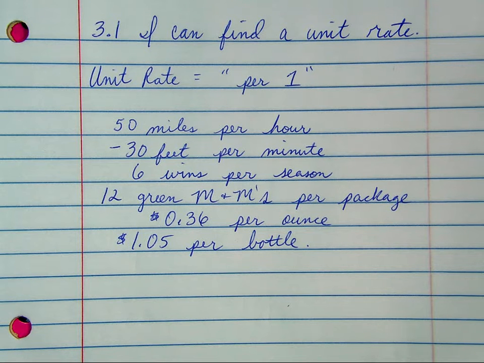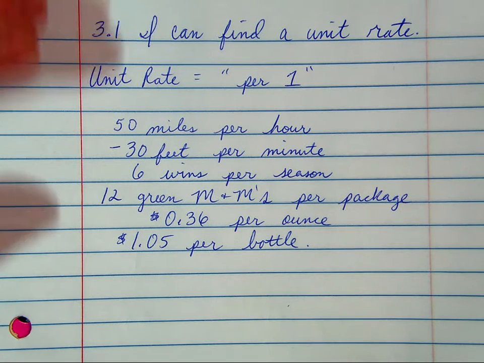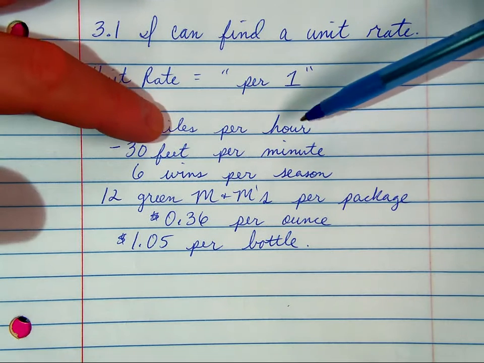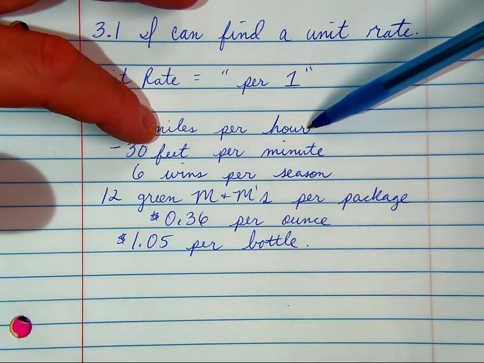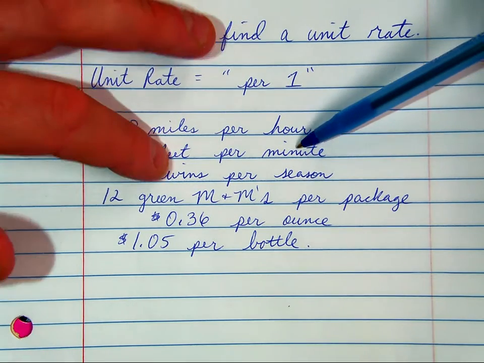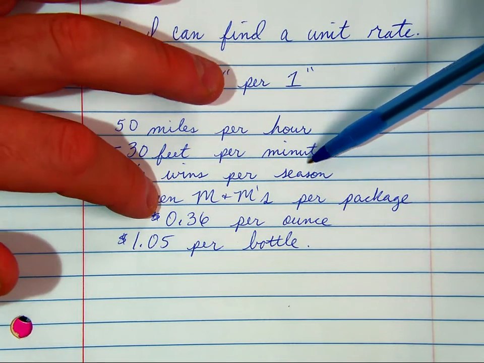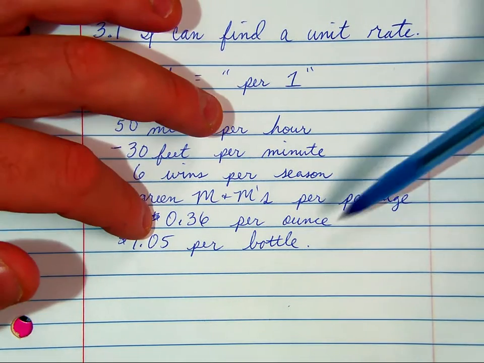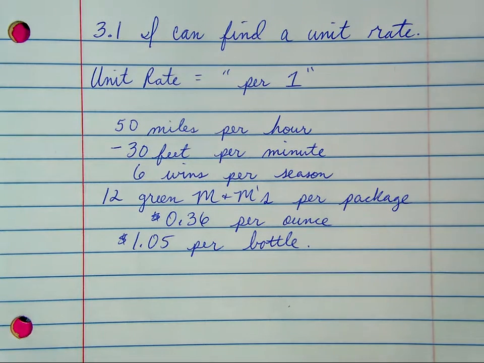These are all considered unit rates. And the reason why they're considered unit rates, well, they have units here. We have miles and hours, feet and minutes, wins and seasons, green M&Ms and packages, money and ounces, money and bottle.